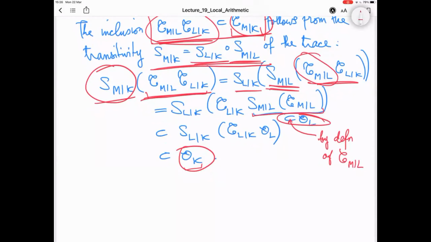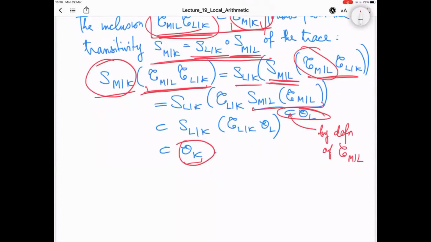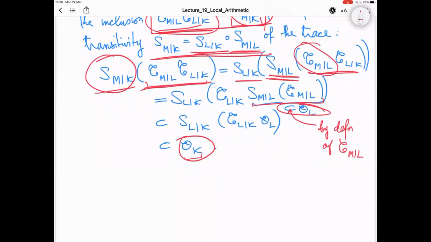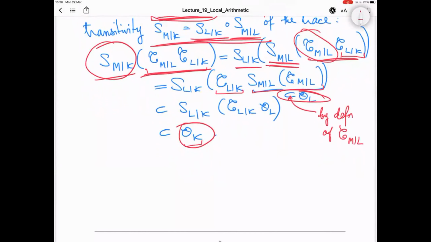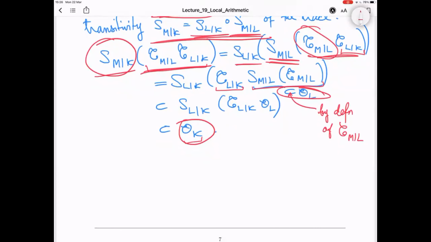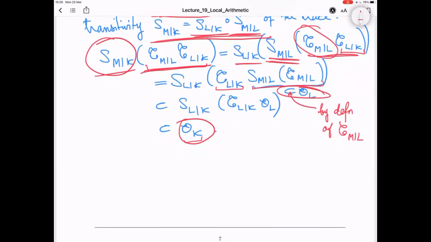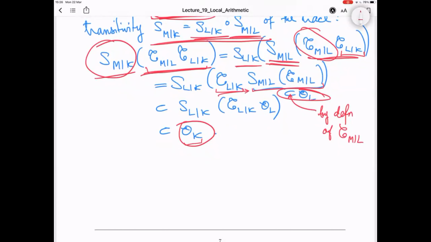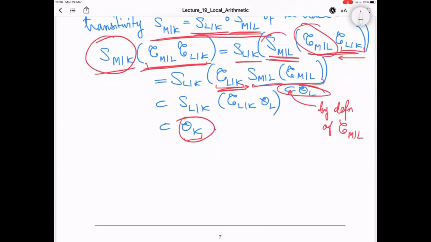Okay, this C L over K, it's here. It's C L over K. I've written it here because this trace M over L doesn't do anything to it really.